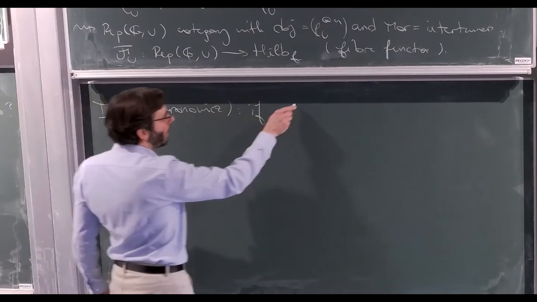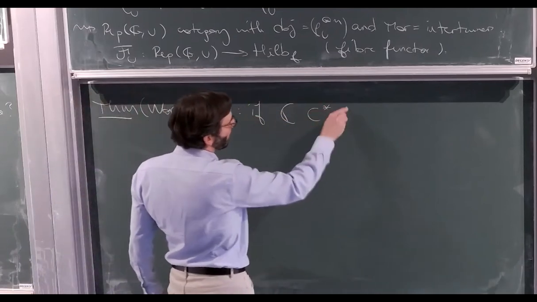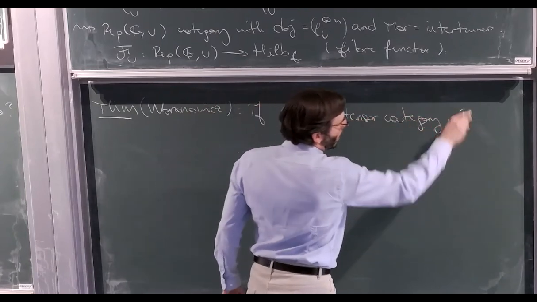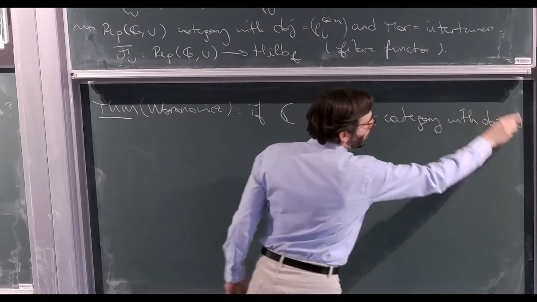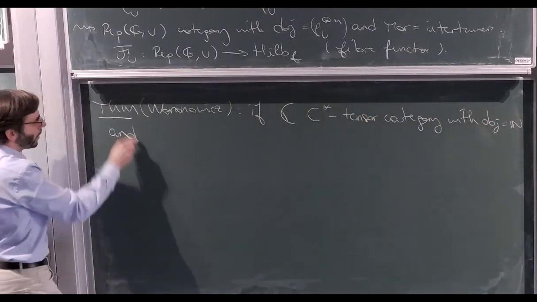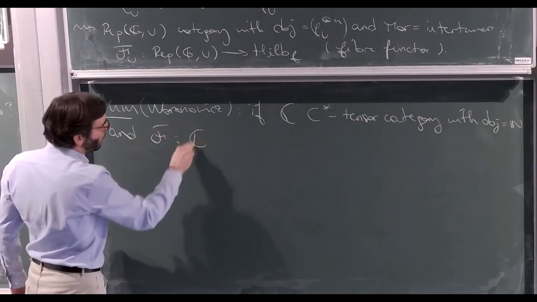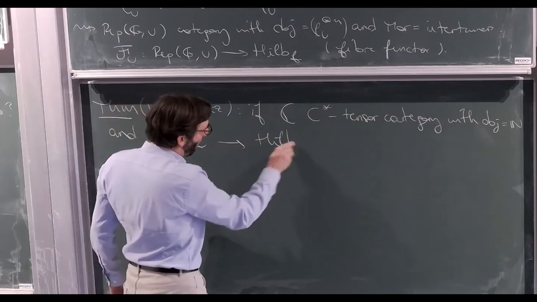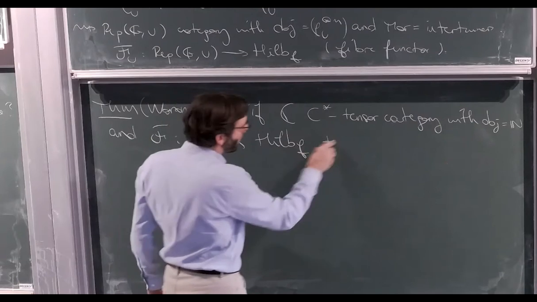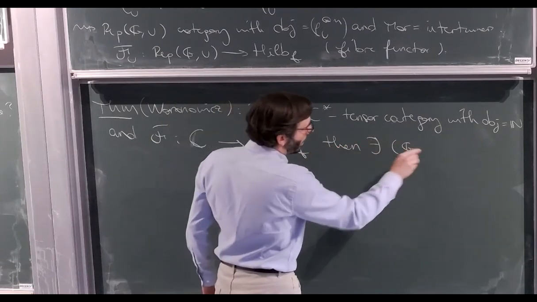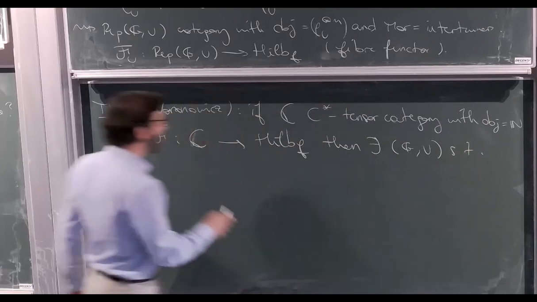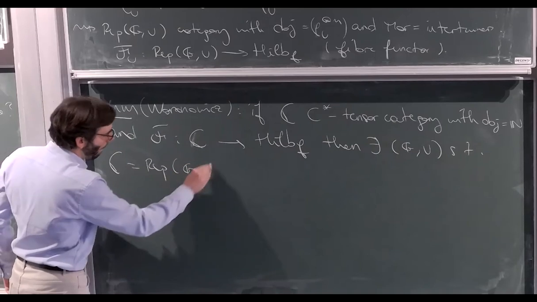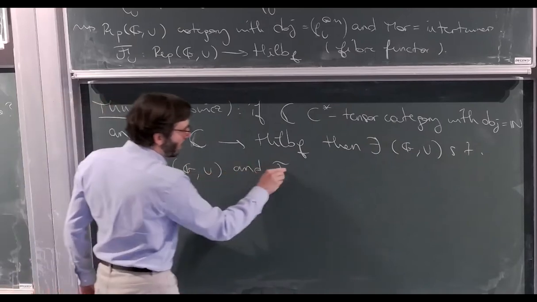So if you have a C-star tensor category with objects the integers, and a unitary fiber functor from your category to Hilbert spaces, then there exists a pair G_U such that your category is isomorphic to Rep G_U, and F is just F_U.